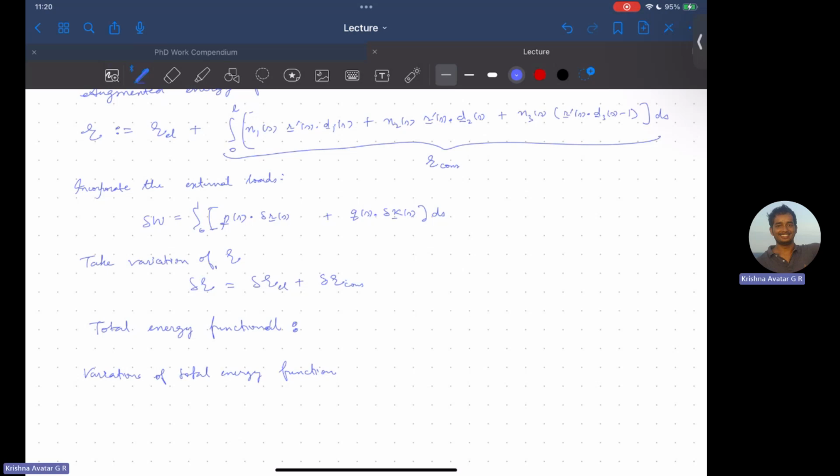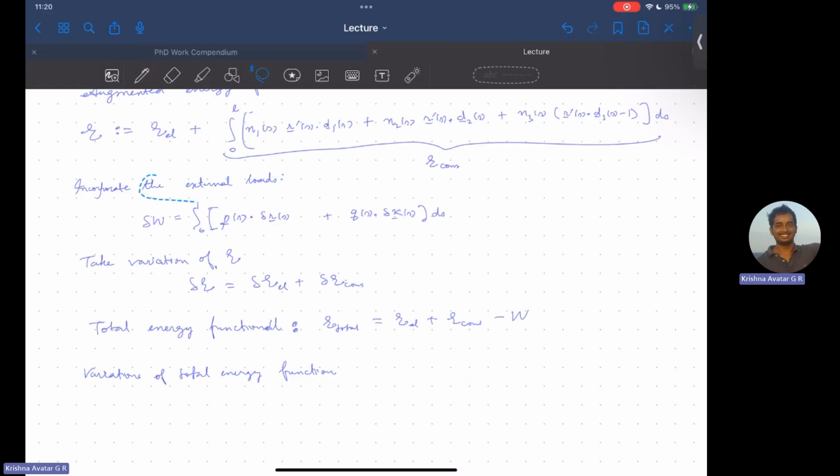This would be epsilon total is equal to epsilon EL plus E cons minus W, where W is called the work potential.